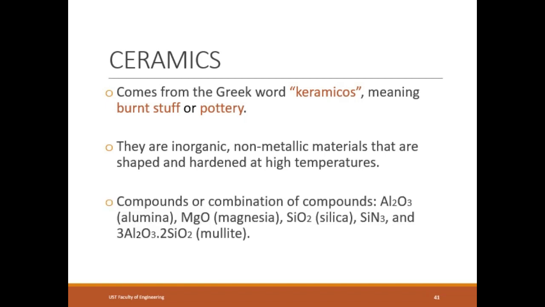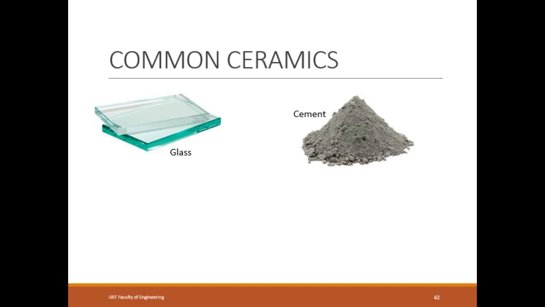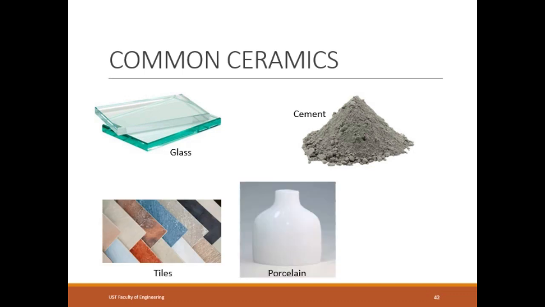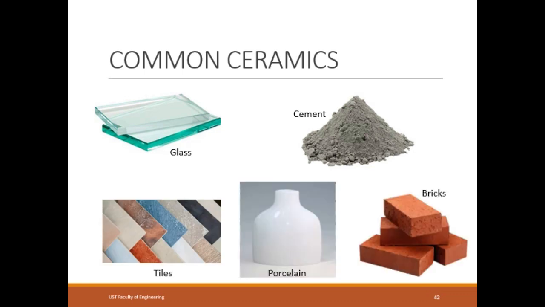Ceramics are compounds or combinations of compounds wherein atoms are held together by either ionic bond or covalent bond, such as alumina, magnesia, silica, silicon nitride, and mullite. The most commonly known ceramics are glass, cement, tiles, porcelain, and bricks.